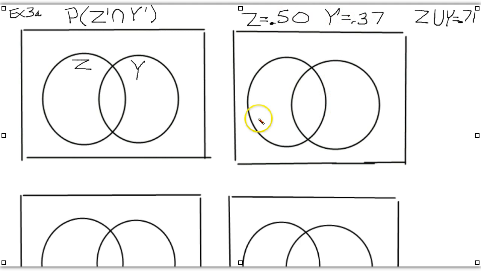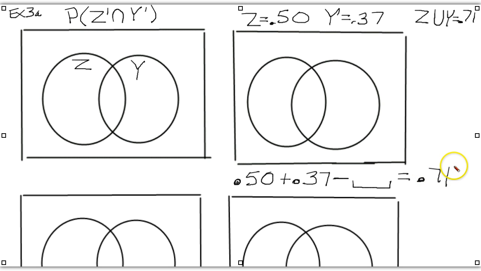So what do we use? Well, again, going back into what we had before, it will be 0.50, this is Z, plus 0.37, this is Y. Now we have to subtract then that part that would be intersecting because those numbers are repeated, and then we get the total of 0.71.